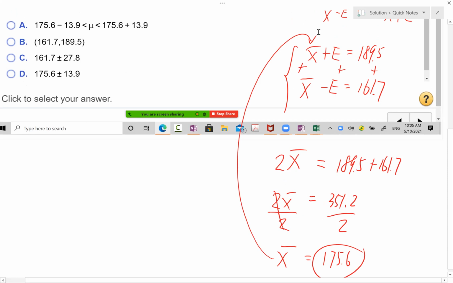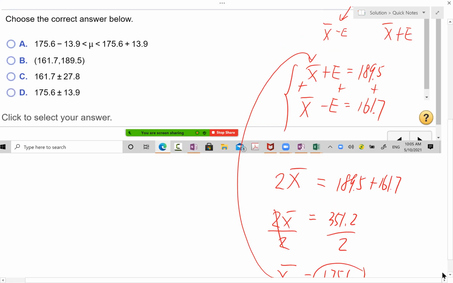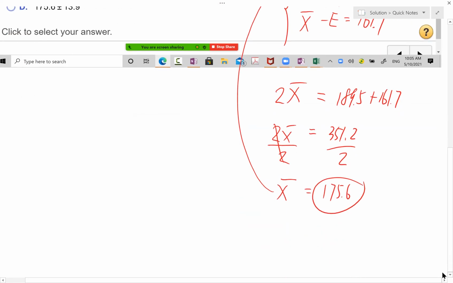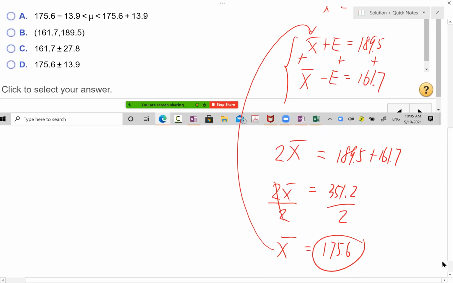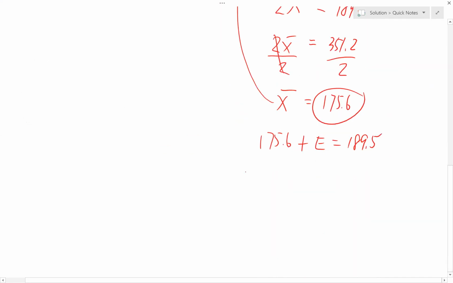So 175.6 plus the margin of error is equal to 189.5. And from there, we'll be able to find the margin of error. So subtracting 175.6, the difference is the margin of error.